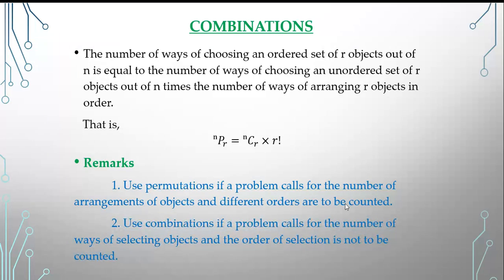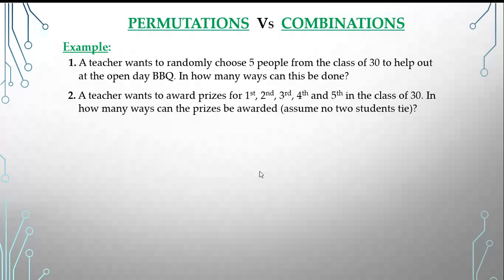And we use the combination if we need to select objects from the total objects and order doesn't matter. Clear? Okay, now we take the examples, and after these examples you can understand where we use permutations and where we use combinations.